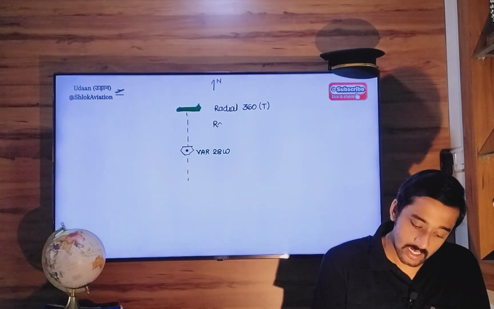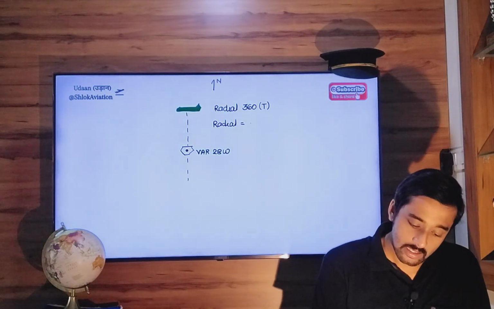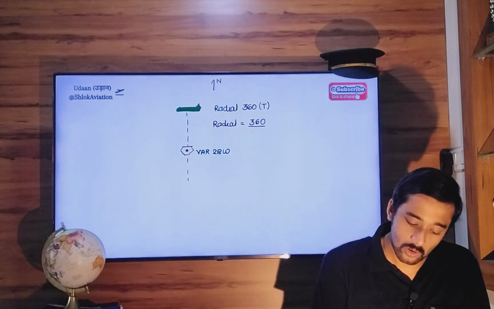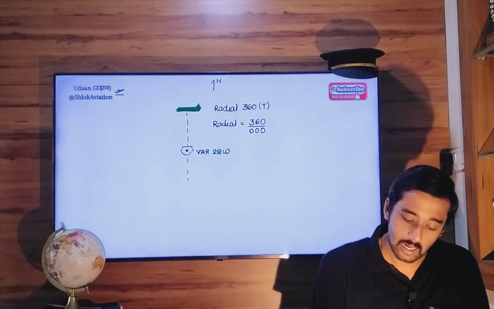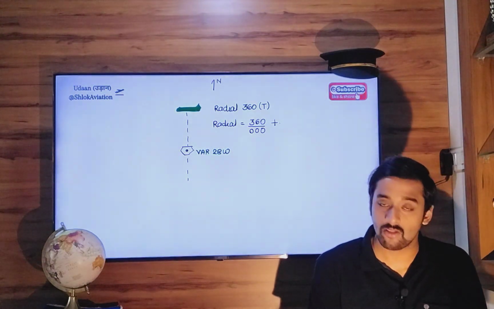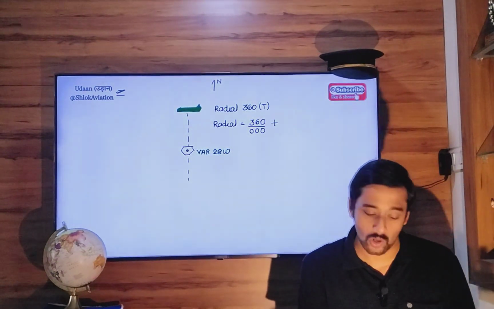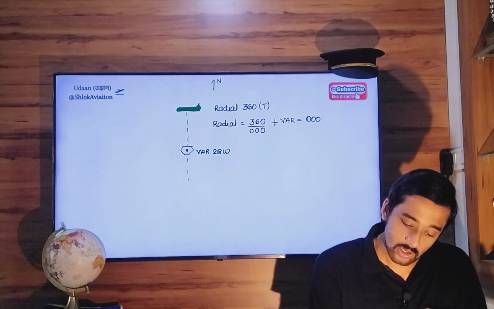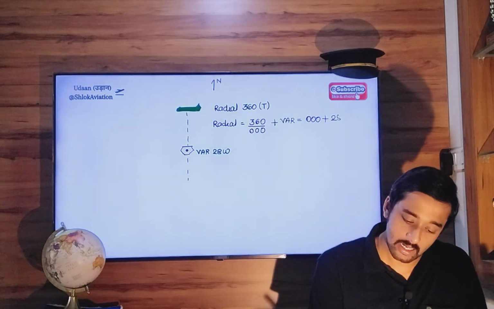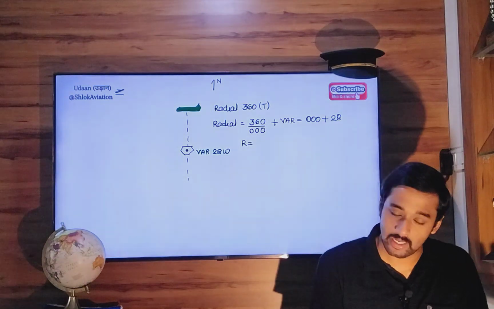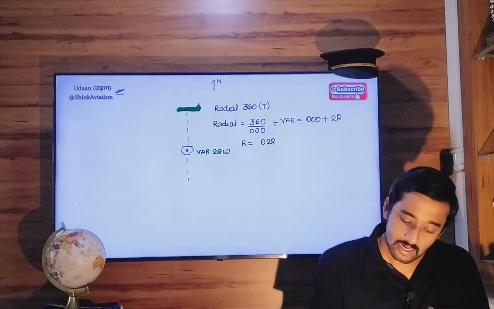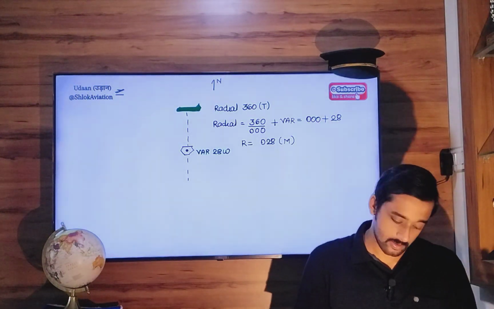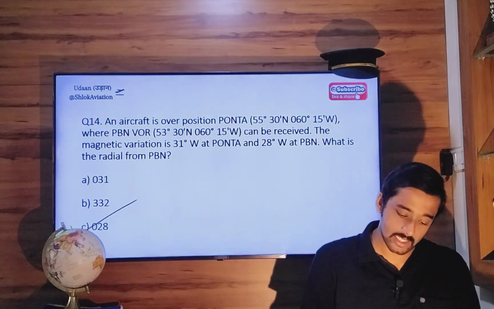That means radial in terms of magnetic will be 360, also known as 000, plus variation. Variation west means magnetic is more, so add the variation given to you. So 000 plus 28. So aircraft is actually situated on radial 028 in terms of magnetic direction. Option Charlie is the correct option.